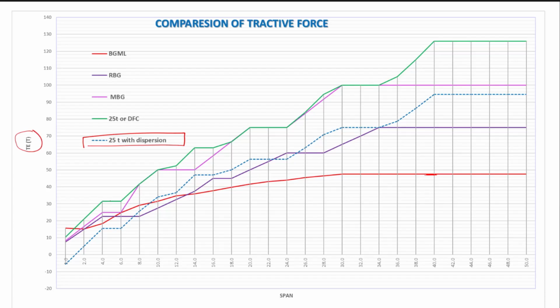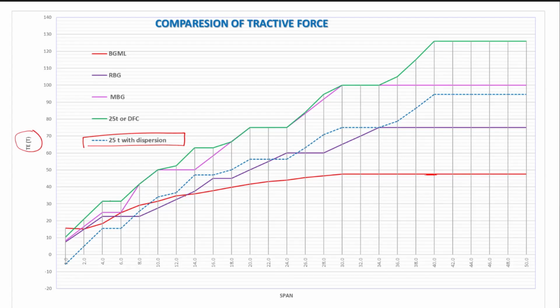Sir, for BGML, up to what span can we clear the bridges without checking, as per the graph? For BGML, for the axle load, if we check up to 30 meter it is clearing. But for the substructure, definitely you can see with the dispersion, we will discuss more about the clearing in further slides.